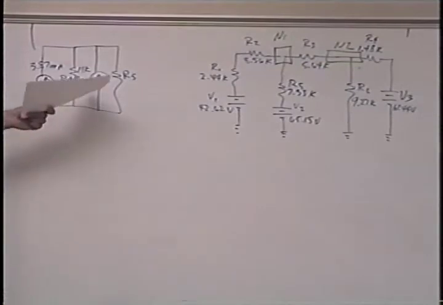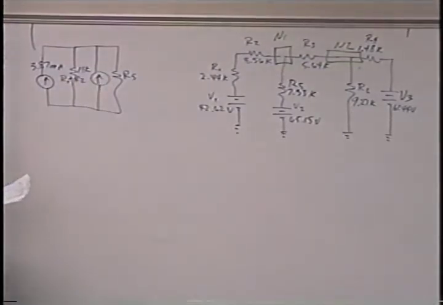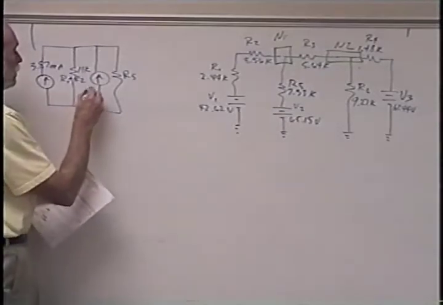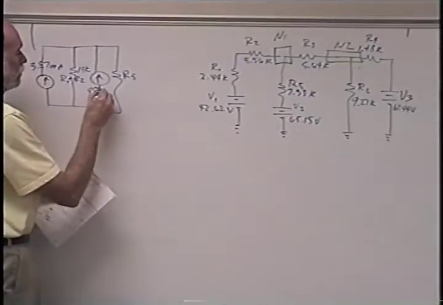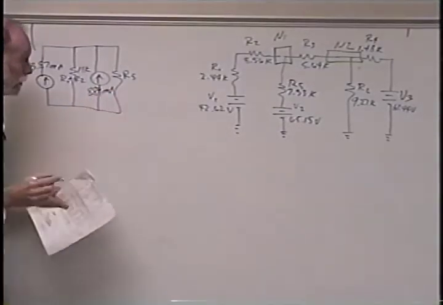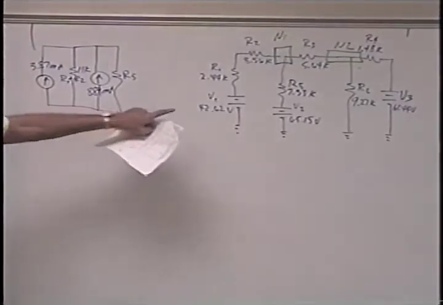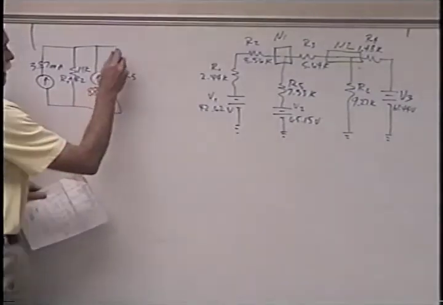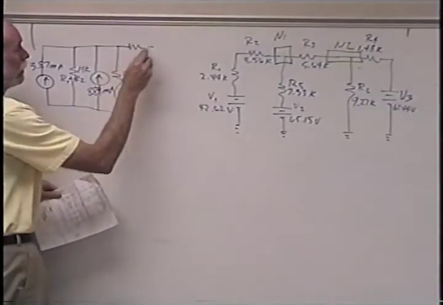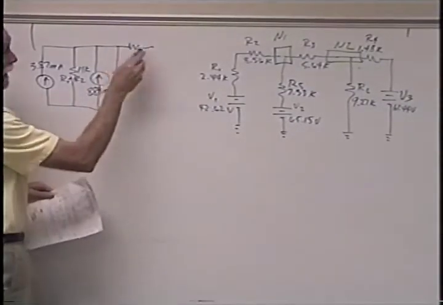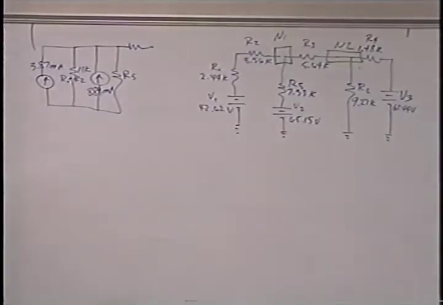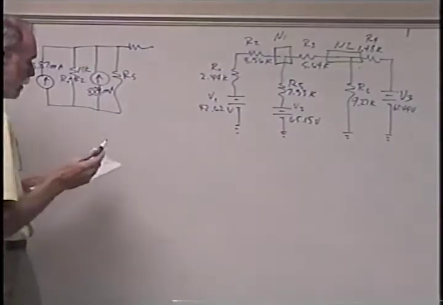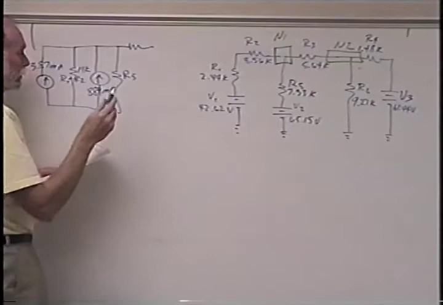Now, this second current source is worth 8.89 milliamps, and again, that is V2 divided by R5. Then I have this resistor here, which I don't have to combine with any voltage source: R3, 5.64K.